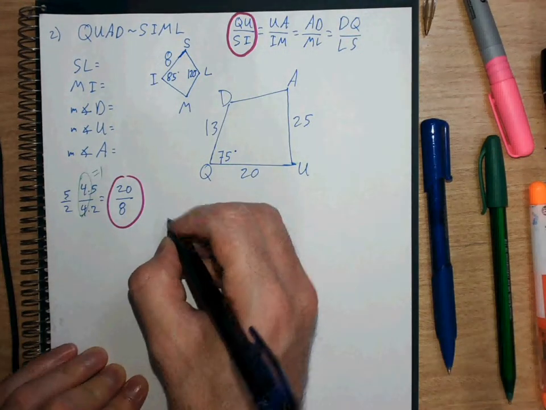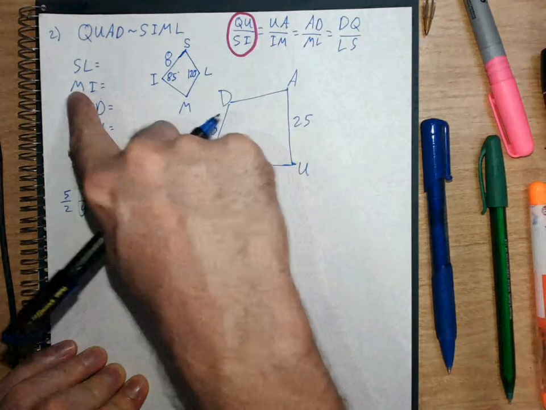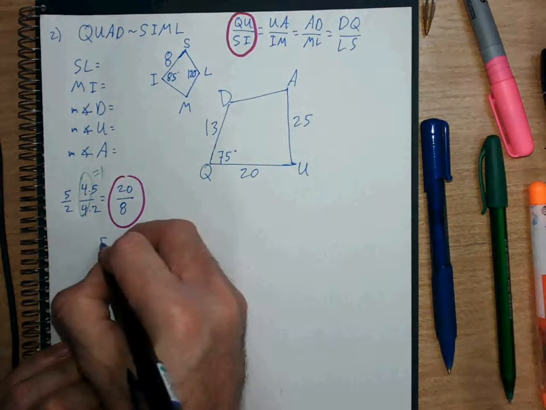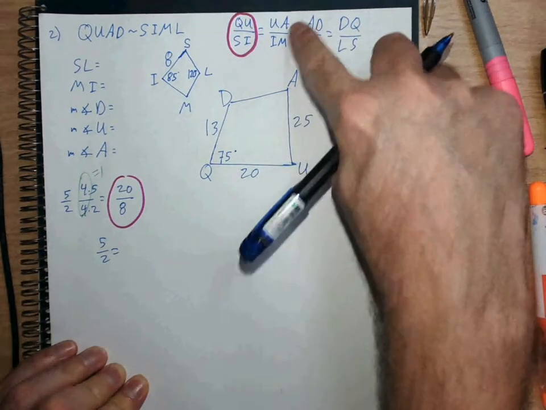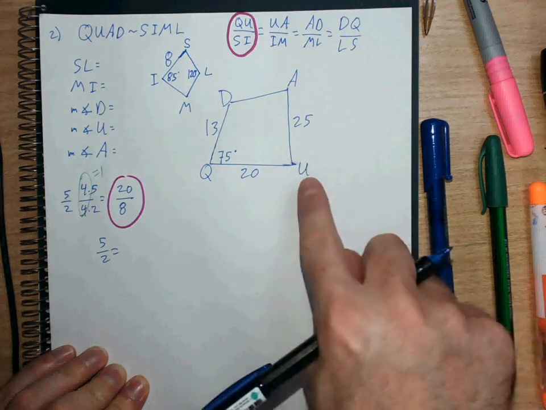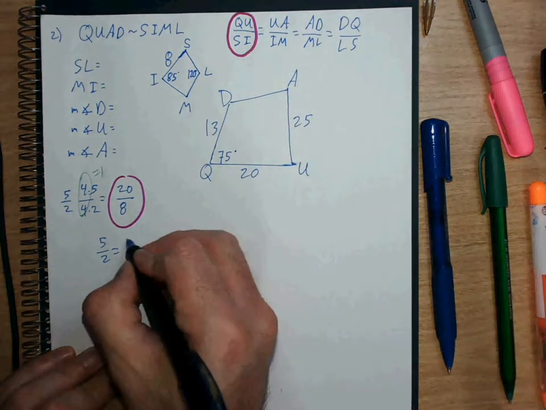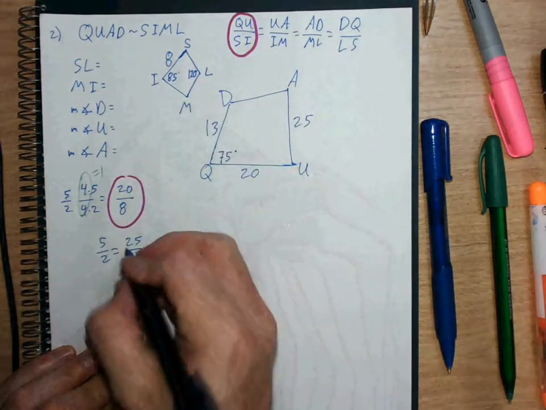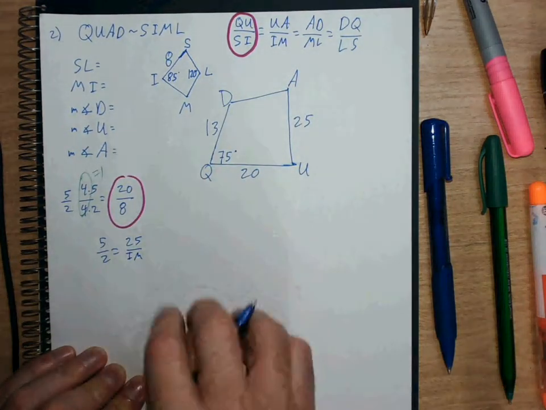And I'm going to solve for IM here. Alright, so I have 5 over 2 equals UA over IM. Now let's see, I have UA is 25, and I don't have IM right there. So I'm going to just write IM. Okay?